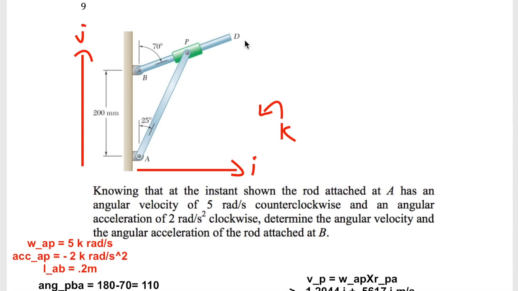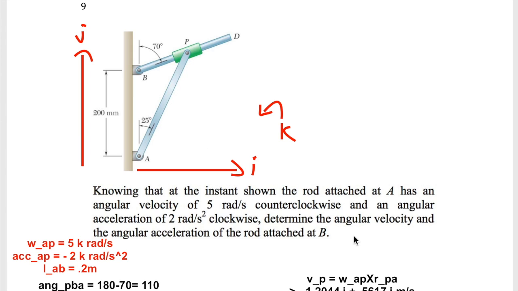Question 9, we're given this rig going on. At this instance, we know that at A, this rod has an angular velocity of 5 in the counterclockwise direction and an angular acceleration of 2 in the clockwise direction.